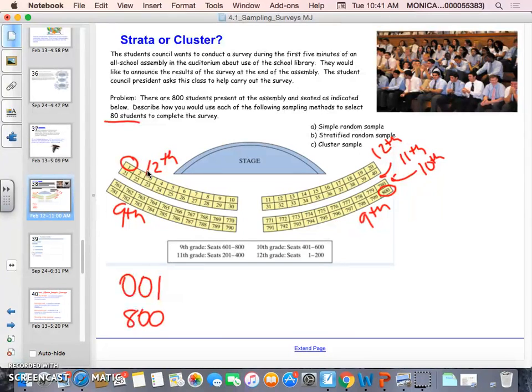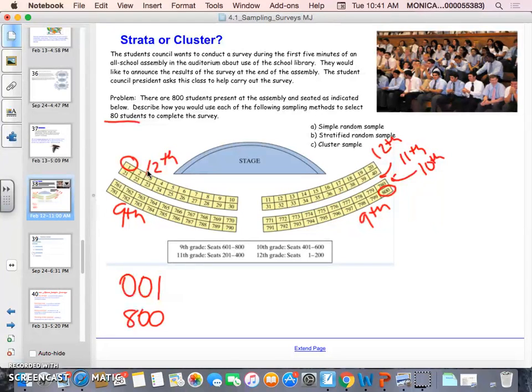You have to go through the table until you had all 80 students selected. Or you could use your calculator: put in math, select PRB, go to 5, and then put in 1 to 800, and keep hitting enter 80 times until you got those 80 numbers selected.